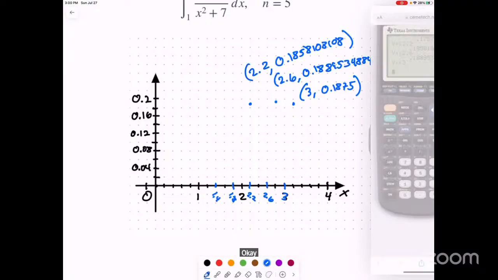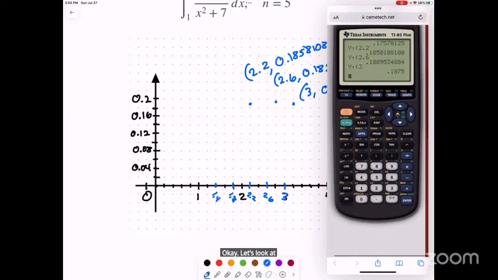Okay, let's look at 1.8. We need 1.4 and 1.8. So let's be consistent.